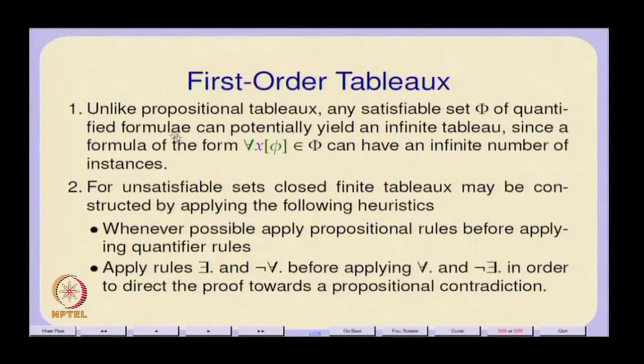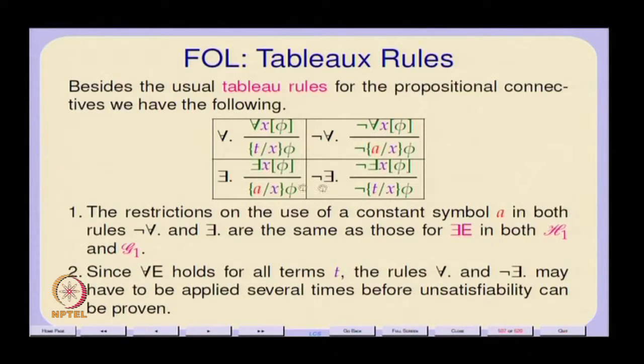The other thing is that in the case of propositional tableaus, as I said, once formulas are broken up, the original formula can be thrown away. Whereas in this case, and whatever I say for the universal quantifier also holds for the negation of the existential quantifier, the same arguments hold.